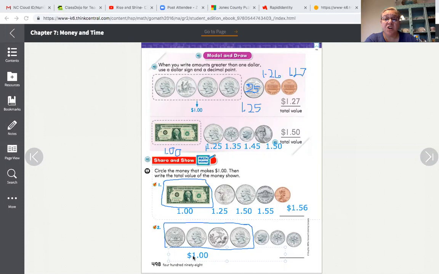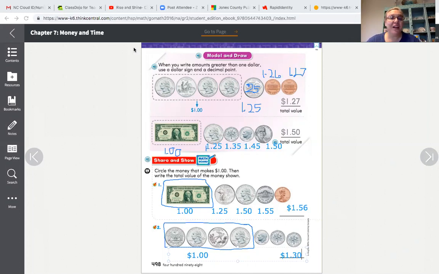So what is $1 plus 30 cents? $1 plus 30 cents gives me $1.30. Not too bad. How did you do?